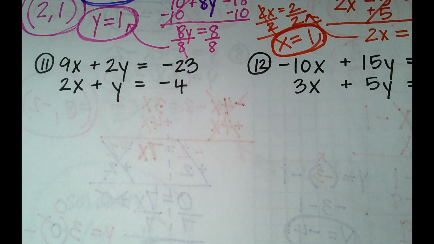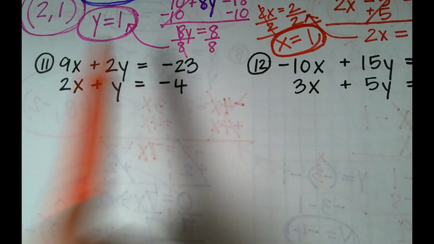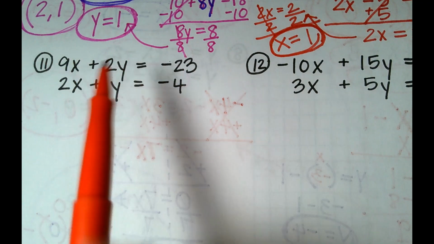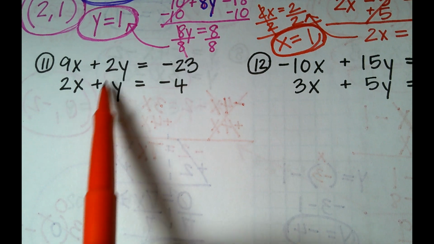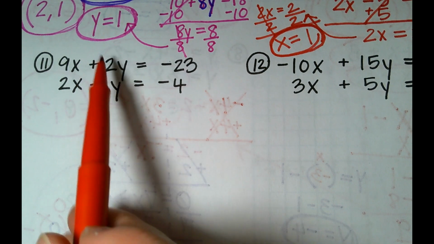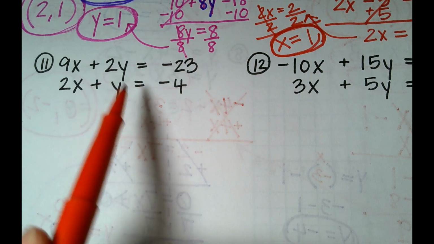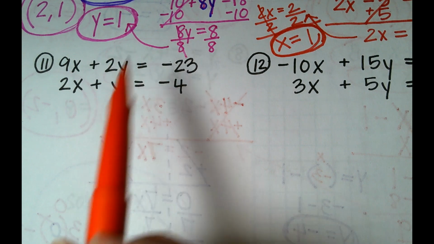Which variable looked easier to cancel? The y's. Why does y look easier? Because it's just 2 and 1. I know I can take 1 times 2, and then I'll have both 2's. Now, what do I actually want this y value to become so that it'll cancel?